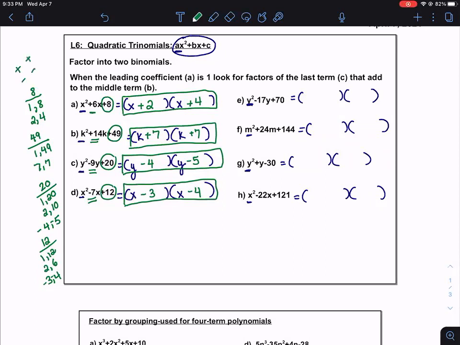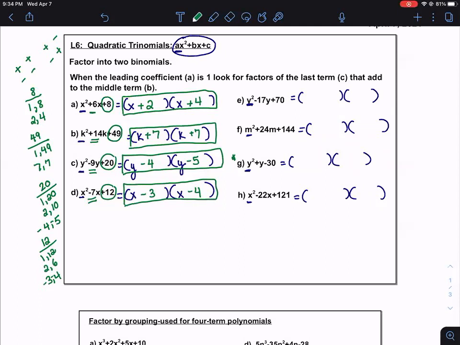If the last term is negative, then one of them has to be positive, but then you have to decide. So you're going to see that happen in question G. Okay, and it doesn't matter which side is going to be negative, or it does matter. Yeah, it does if there's one positive and one negative.